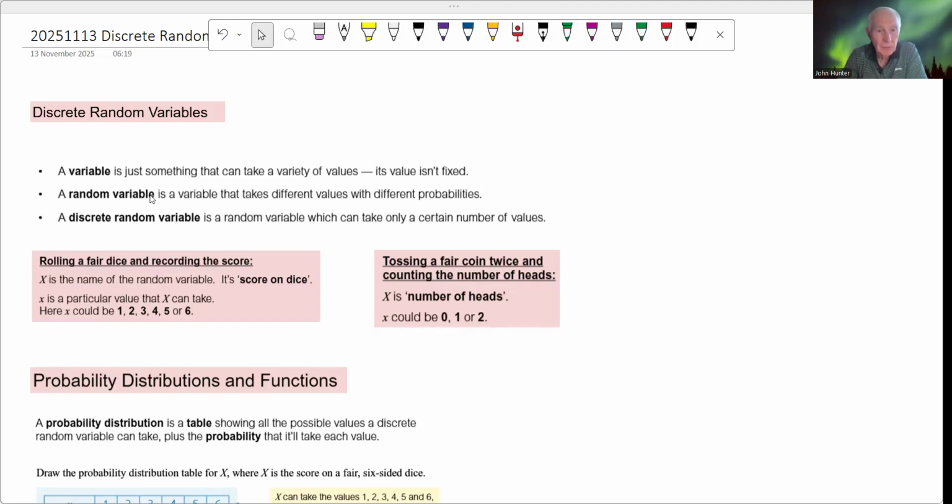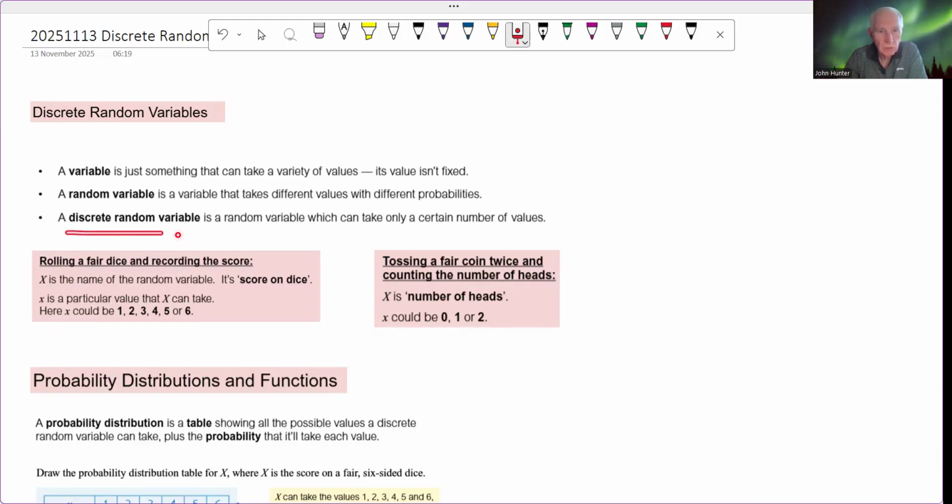A random variable takes different values with different probabilities. So for any one random variable, the probability that it is 2 could be 0.3, and the probability that it is equal to 5 could be 0.1, and so on. We'll look at some examples, so that'll become a bit clearer.